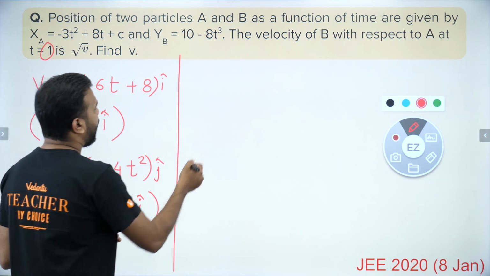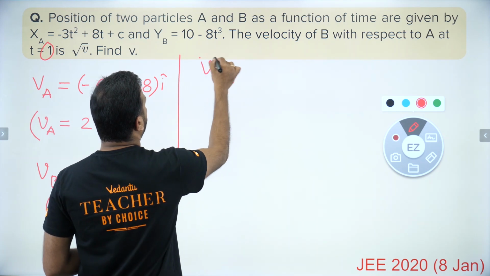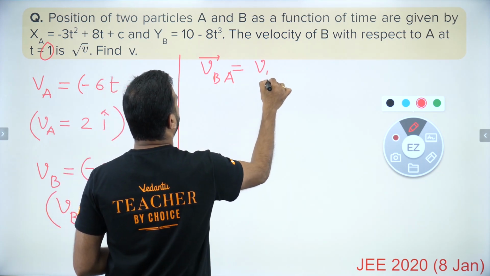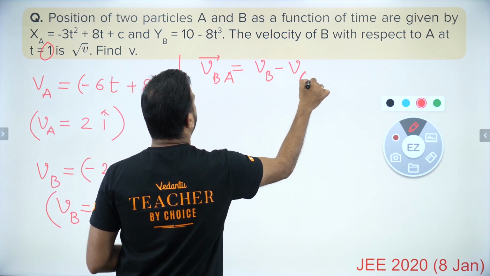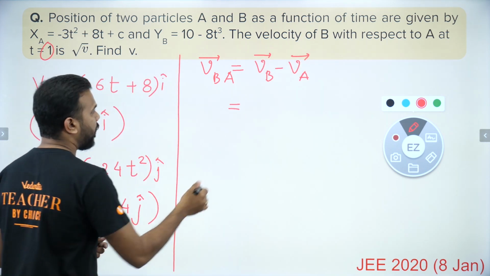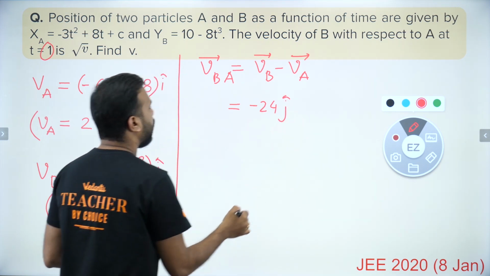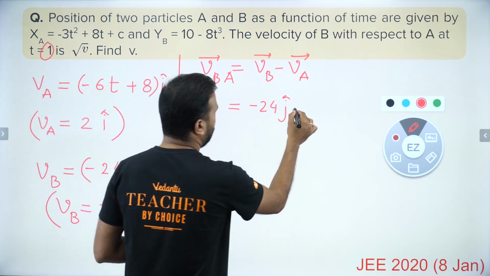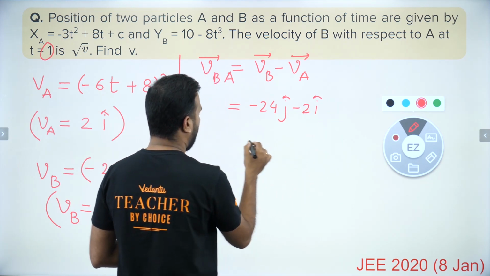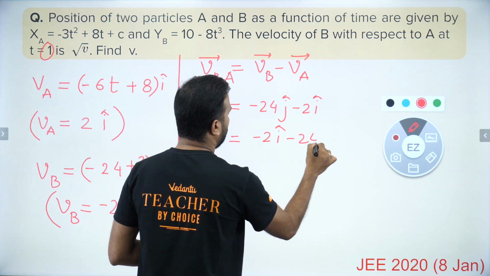So how do I get the value of velocity of B as seen by A? It's nothing but velocity of B minus velocity of A. Velocity of B is minus 24 j cap and minus of 2i cap, or you can rearrange to write it like minus 2i cap minus 24 j cap.